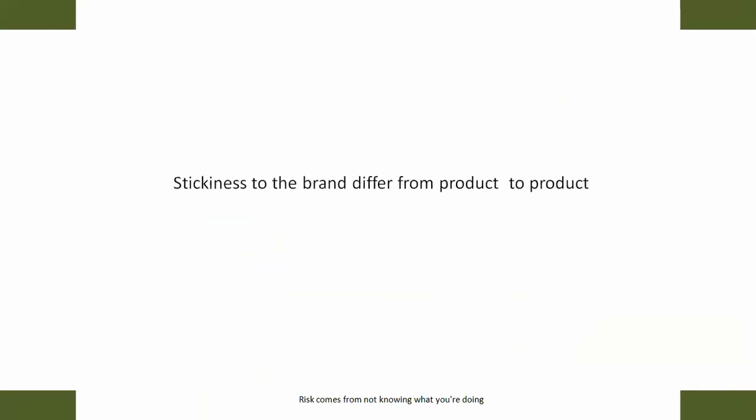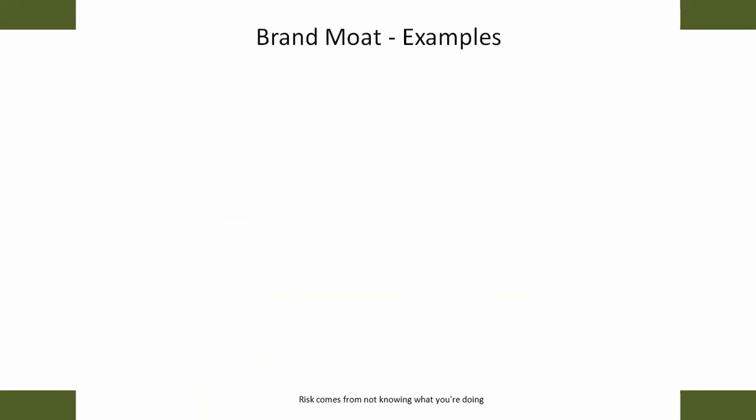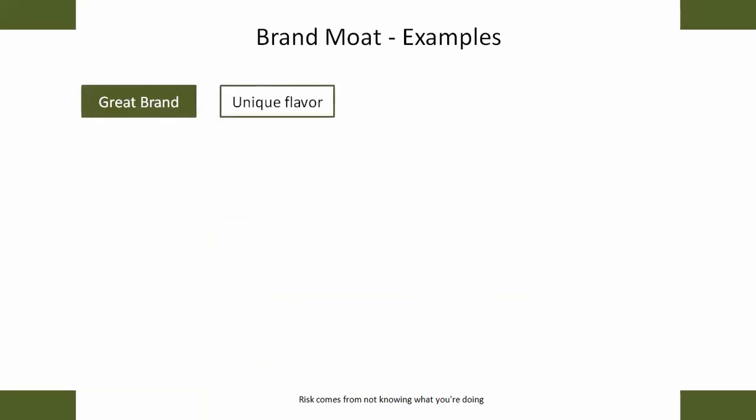So let's look at some of the example. But before we look at the example, we need to understand that the stickiness to the brand differs from product to product. So example could be, there is a great brand and it has a unique flavor.